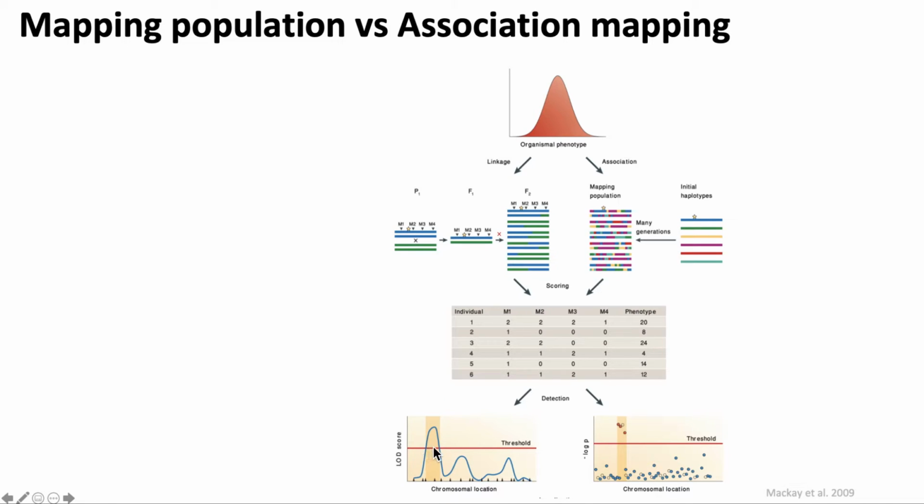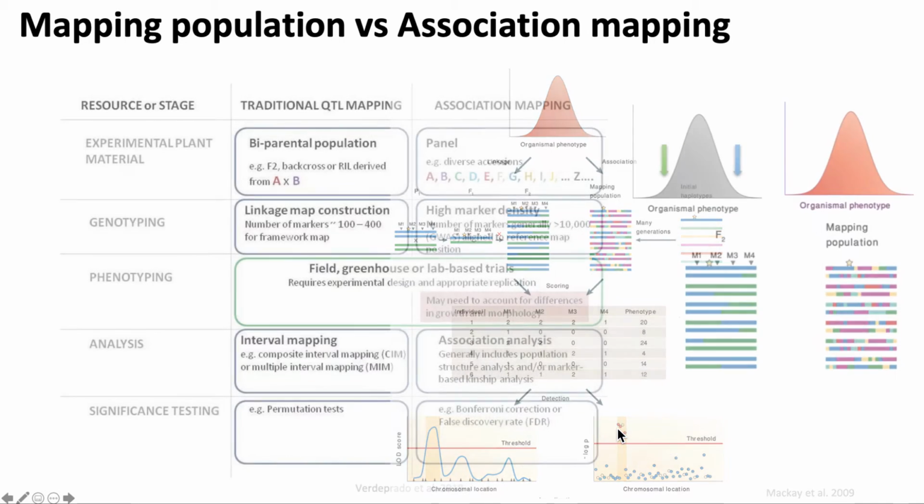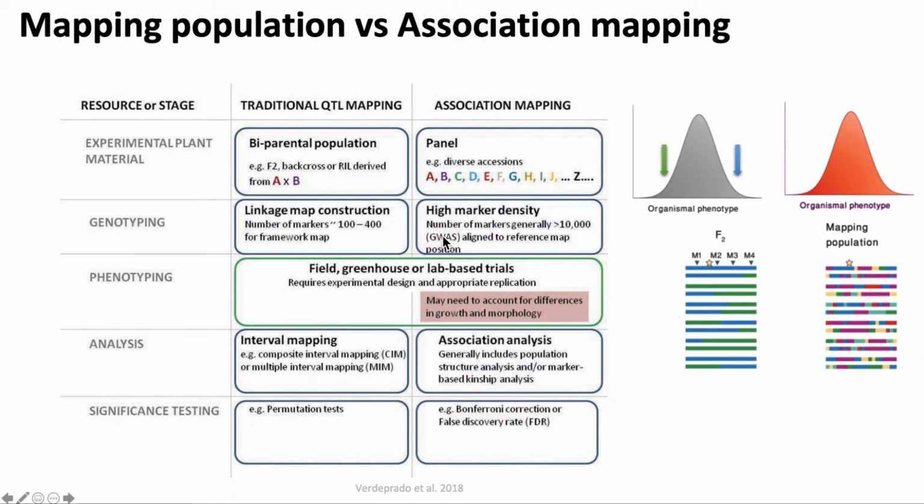In association mapping, as we have more recombinations and as the statistical approach is different, using mixed models again, we're going to test the association of every single marker with the phenotype. So we're going to identify smaller regions that have association with the phenotype. And to compare those two approaches.